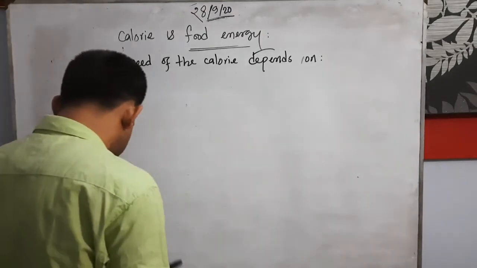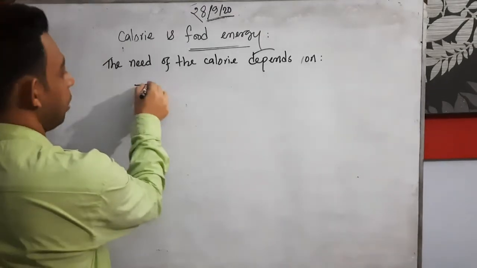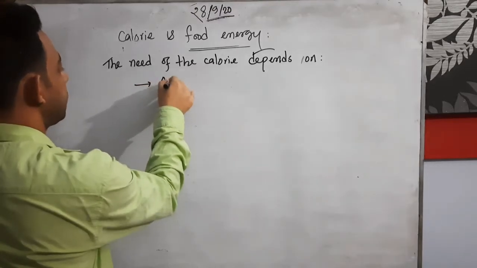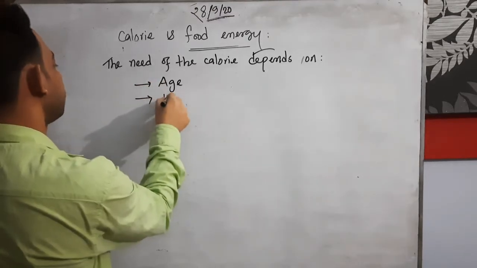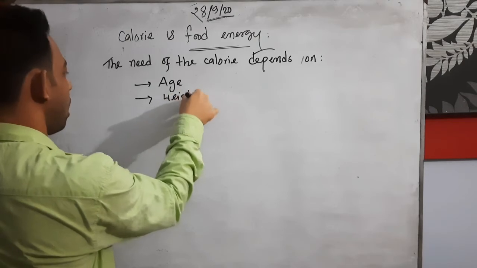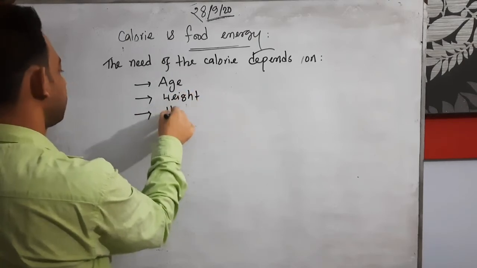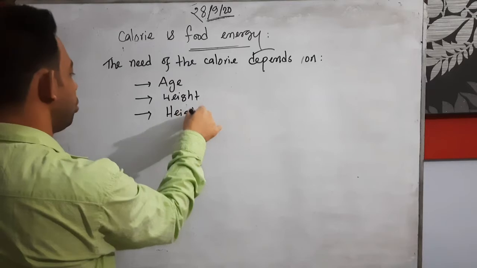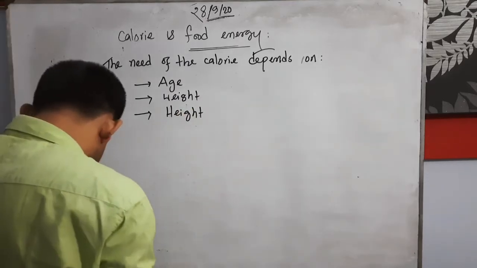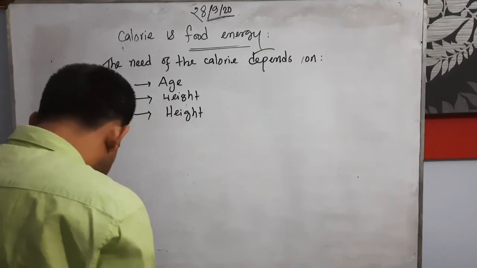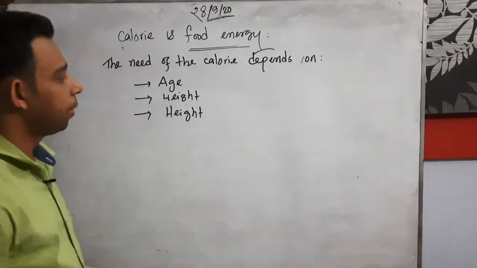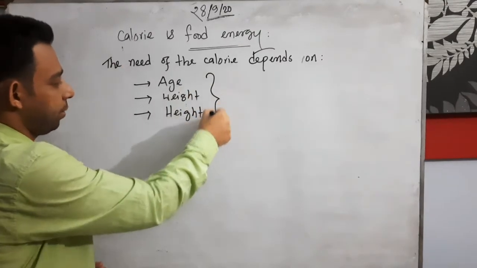Actually, it is weight, height, age. Okay, these three are basic.